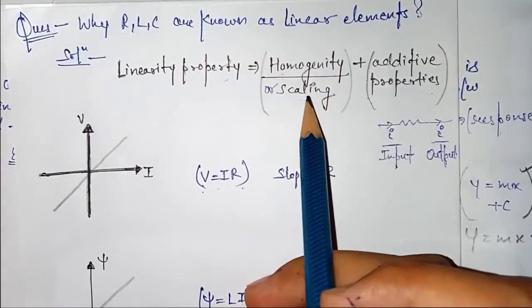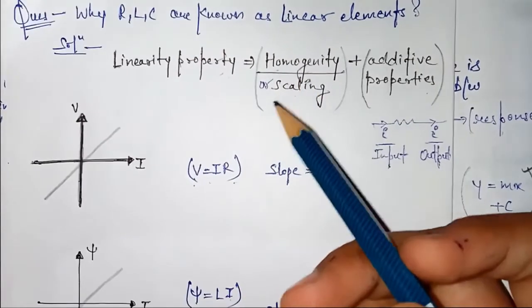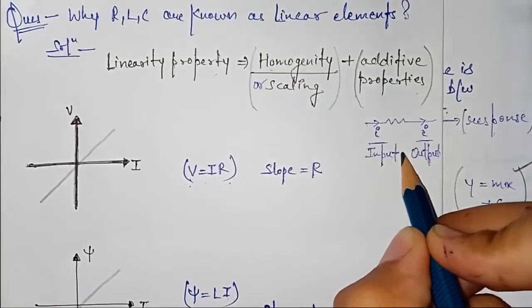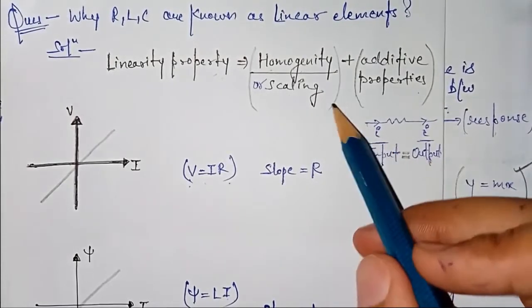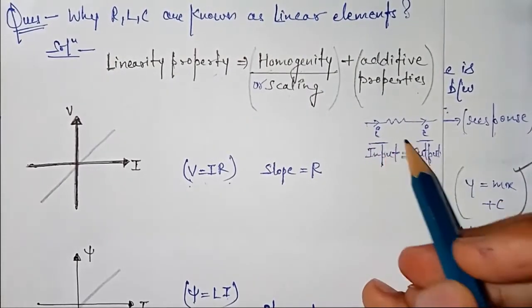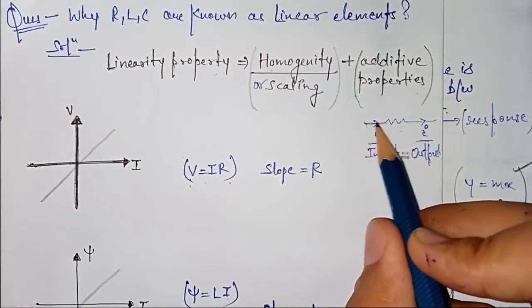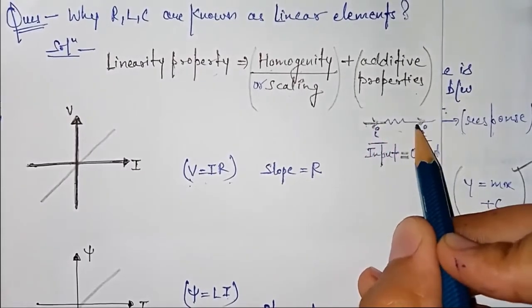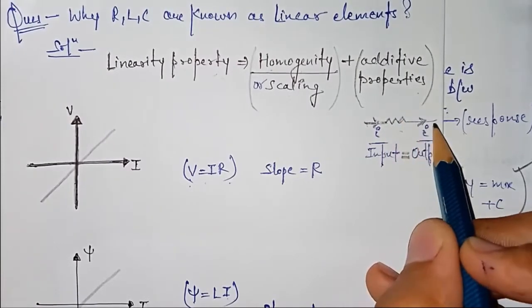Now, what is homogeneity, or what is the law of homogeneity? When the input is equal to output, then we can say that it obeys the law of homogeneity. See, I take here a resistor in which the outgoing current is equal to the current which enters the resistor.